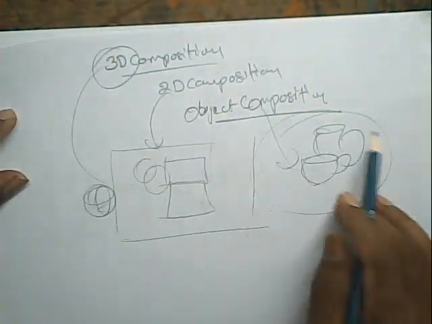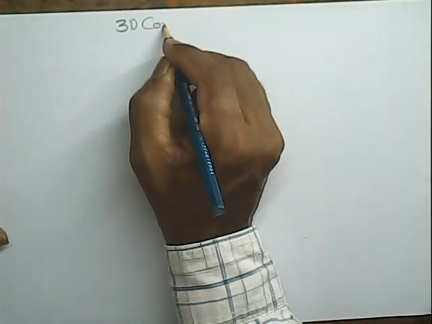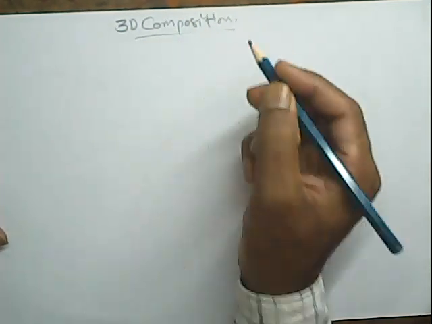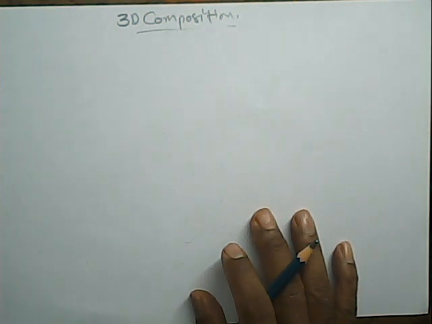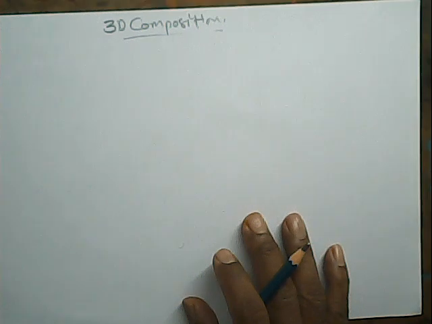In this video, we'll work on 3D composition using 3D shapes. There are certain rules for this, and we'll go through them properly, point to point.